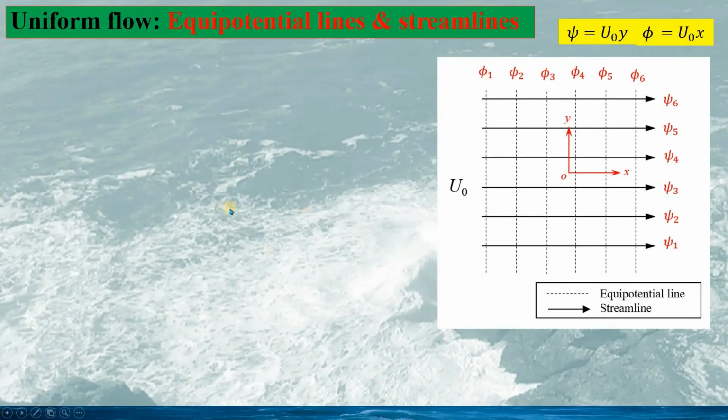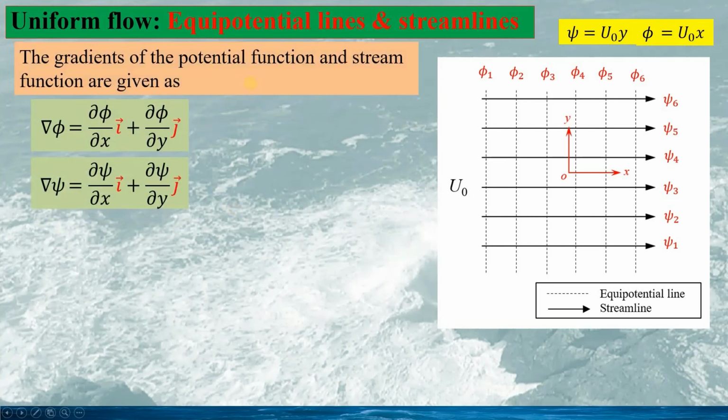Now in this slide, we will see the gradient of the potential function and the stream function. They are calculated as nabla phi, given as this. This is the gradient of the velocity potential function phi in the 2D case. And this is the gradient of the stream function psi.